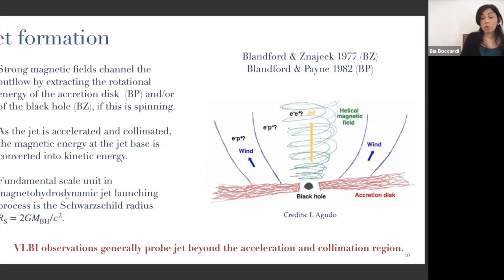However, from what we know from observations of blazars with VLBI, we think that usually in VLBI observations we probe the region where this acceleration and collimation has already occurred. So we need to penetrate deeper into the jet base in order to probe this region.